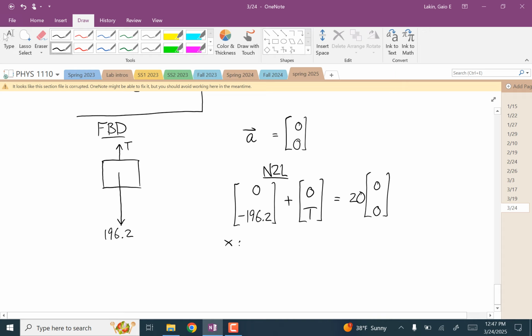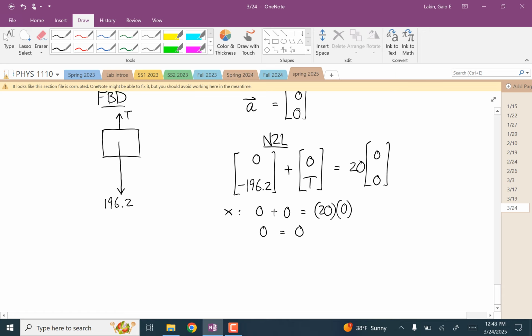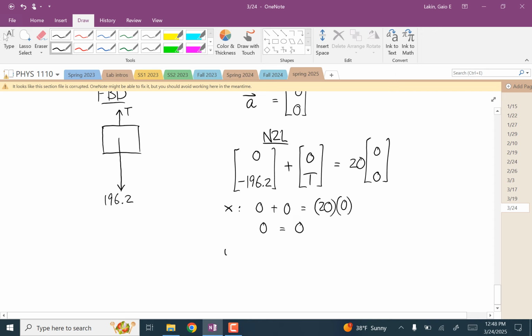The x equation here says 0 plus 0 is equal to 20 times 0. In other words, 0 equals 0. So that doesn't help anything. That just all kind of disappears. But the y equation will give us something.